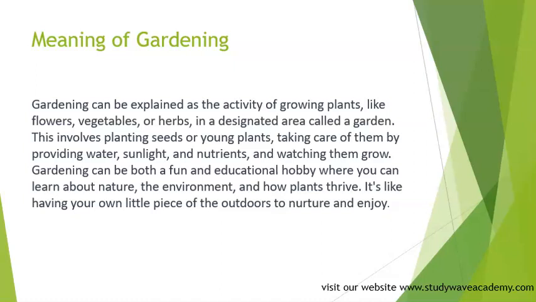Gardening can be both a fun and educational hobby, where you can learn about nature, the environment, and how plants thrive. It's like having your own little space of the outdoors to nurture and enjoy. Okay, did we understand that?